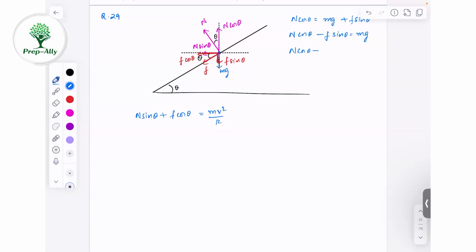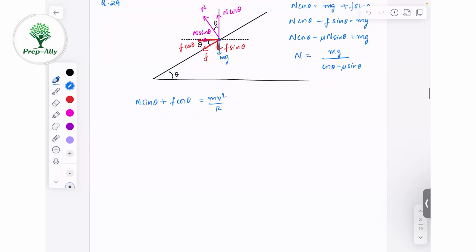So we get here this limiting friction is going to be mu into normal reaction. So then we get normal reaction is going to be mg by 1 minus mu tan theta, right? So this is going to be cos theta minus mu sin theta.